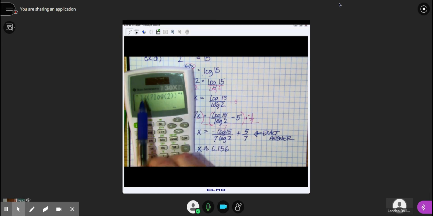Yeah, you've got to, because if you just divide by 7 and then log 2, without putting the 7 times log 2 here in parentheses, it's just going to divide that log 15 by 7, and then it'll multiply that answer by log 2. And we want it to divide by log 2.